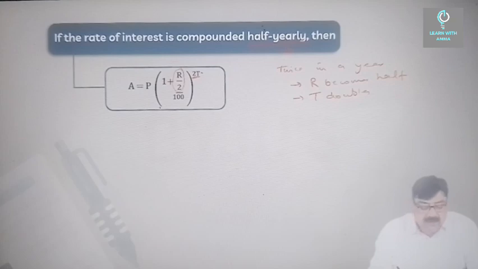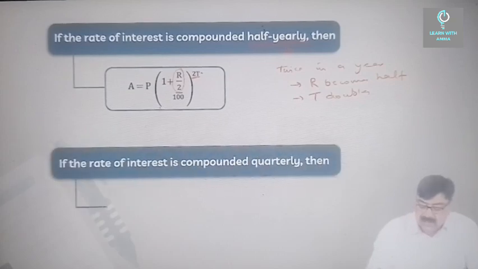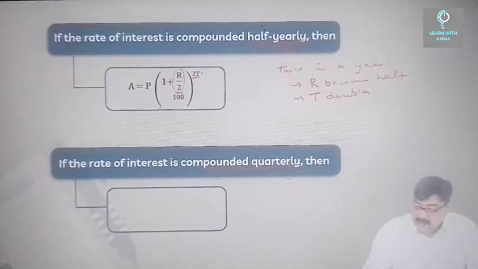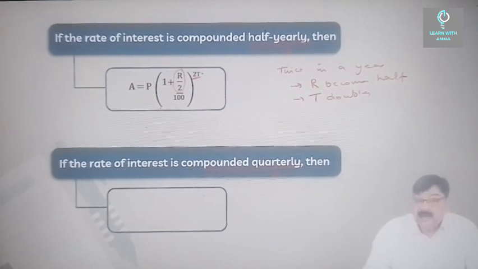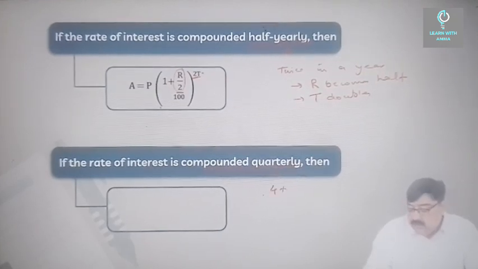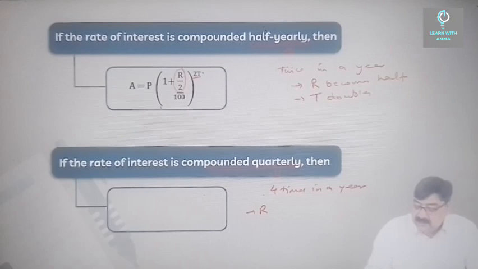Now similarly, if you have to find out for quarterly, let us say it is compounded quarterly, then it means the interest is calculated 4 times in a year. Then rate of interest becomes 1/4 and the time becomes 4 times.